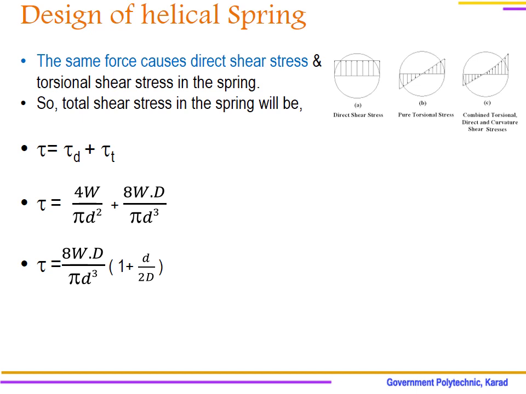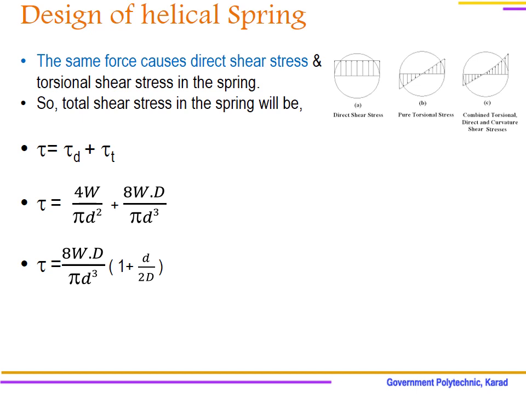So what I need to do is I have to make it 8. So for that sake I will be multiplying and dividing by 2. Similarly, it is d square, so I have to divide by d, so multiplied by d, and the same is the case that capital D I have brought out, which is not present in the relation, so I will be multiplying with D and dividing with D. So it becomes 1 plus d upon 2D.